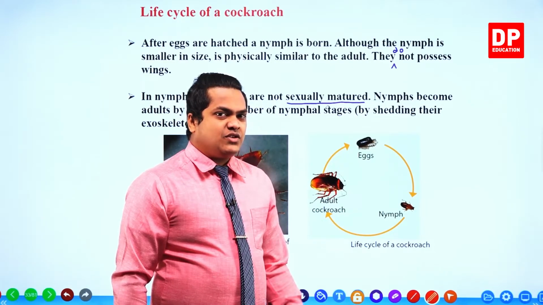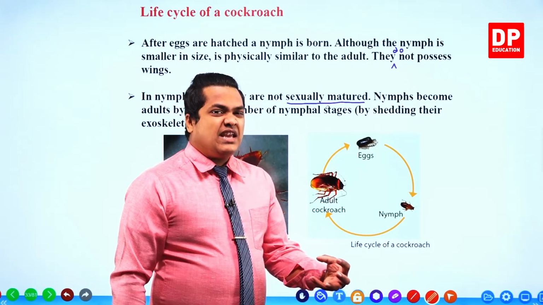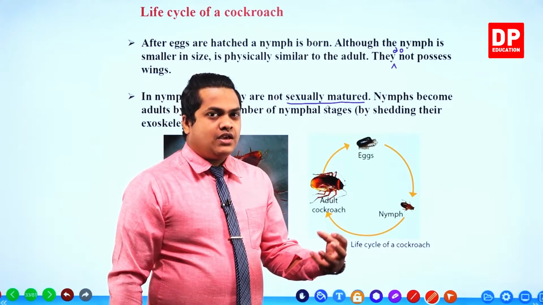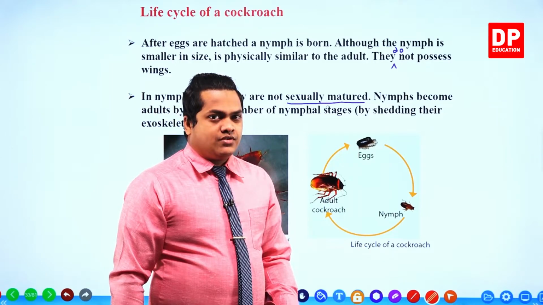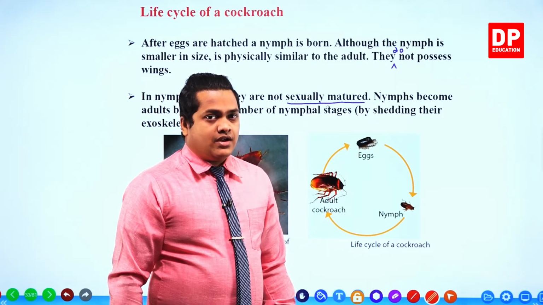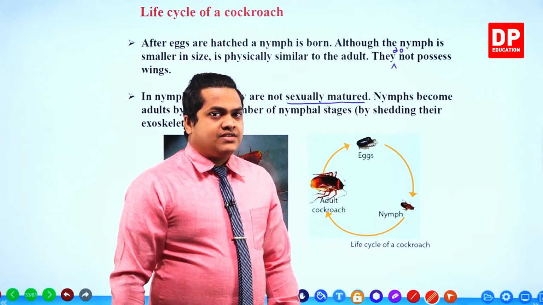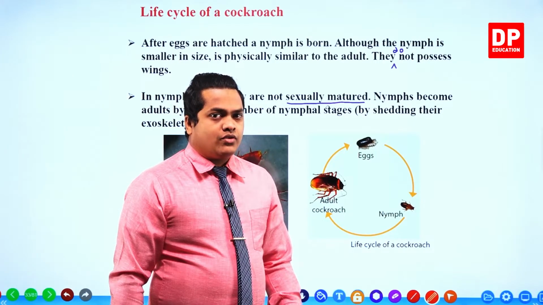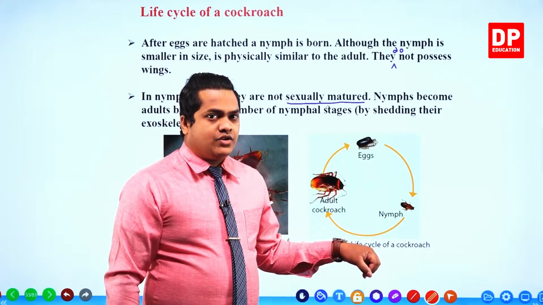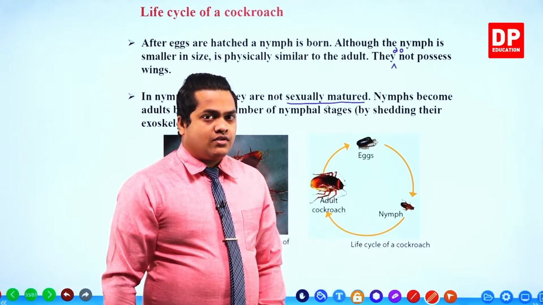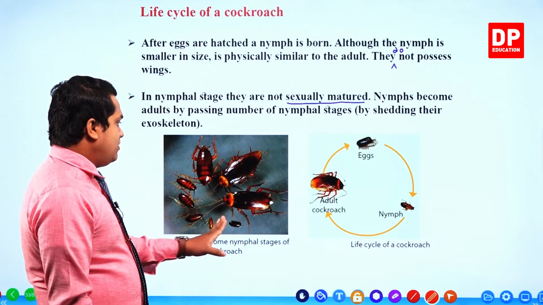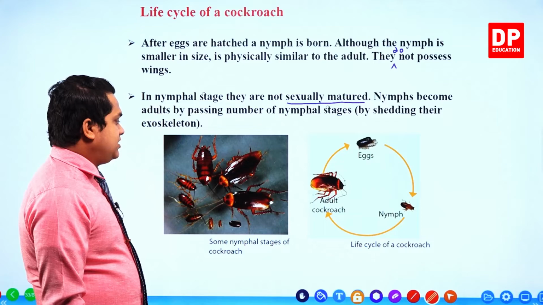The nymphal stage is like the teenage and childish stage of the cockroach. When it is getting converted into an adult cockroach, it is going to shed the exoskeleton. Those stages can be clearly observed within each of these figures.